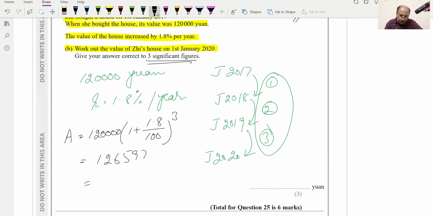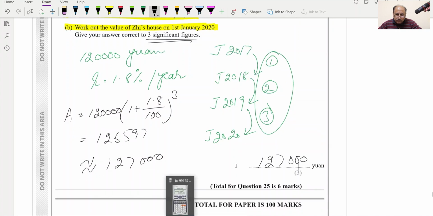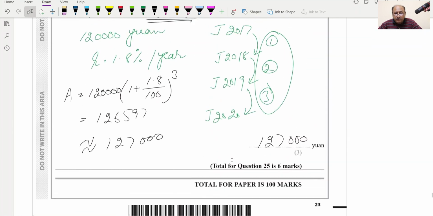So we can write it as 127,000. So 127,000. We are done with the paper.